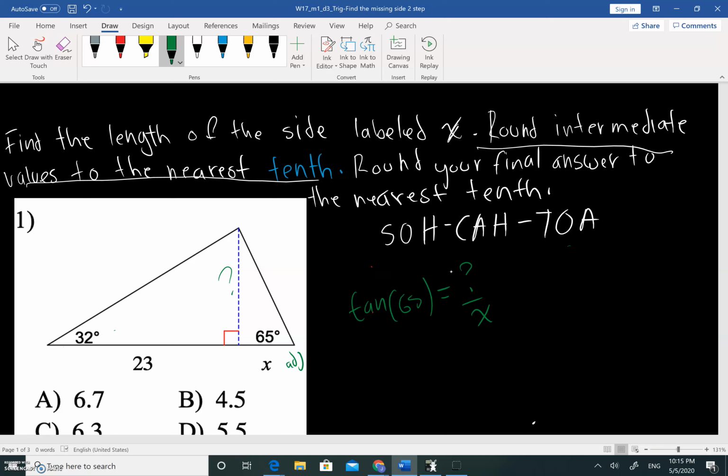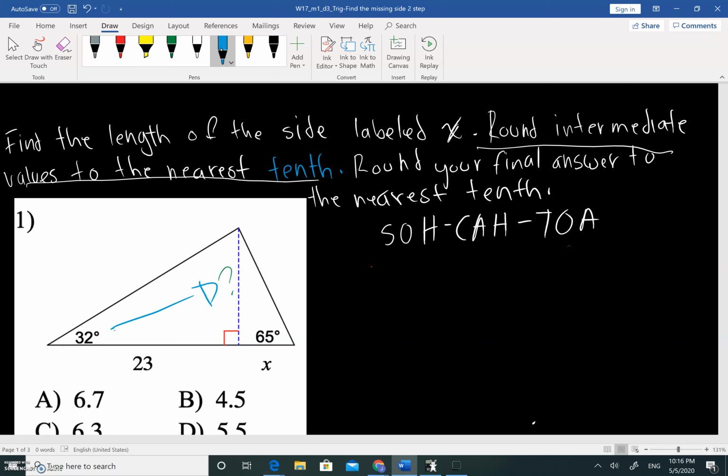So what I have to do first is find what that question mark is, and to find what that question mark is, I use the other triangle that I have on my left. So if you look at this triangle, the one in red, you'll notice that I am given two things. I'm given not only the angle, but also the side, in this case, the side of 23. And this is going to be opposite, right?